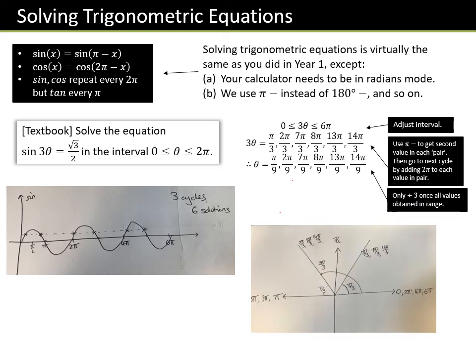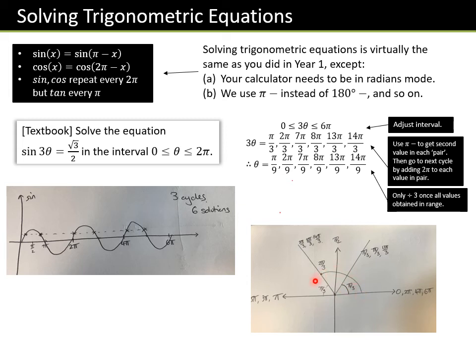I could equally do this with the CAST diagram. So here, when I found that my first solution was pi over 3, I know that sine is positive in this quadrant, sine is also positive in this quadrant. So sine of pi over 3 must be equal to sine of 2 pi over 3.